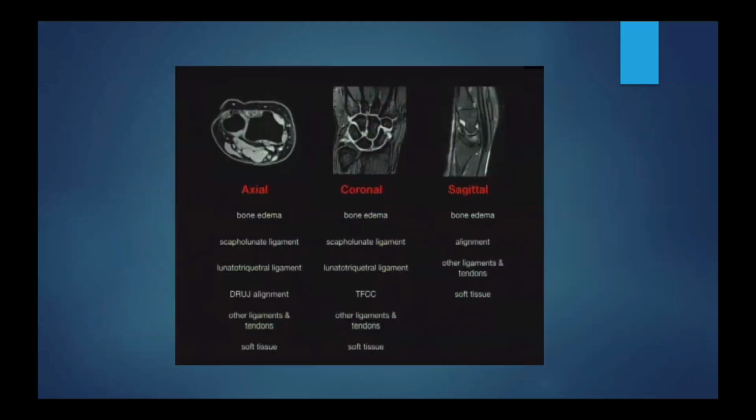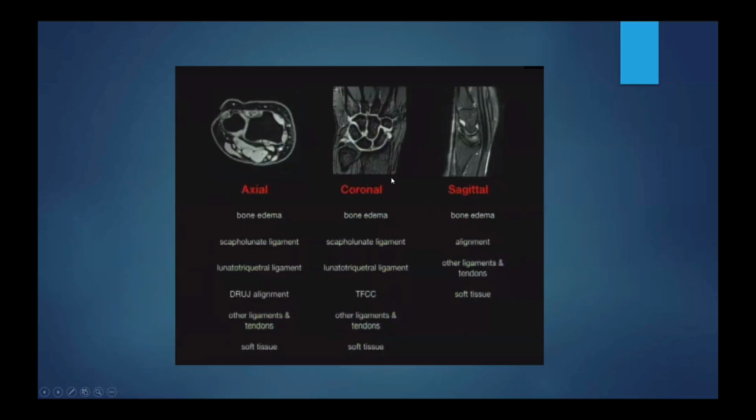This slide demonstrates the value of each sequence. In the axial plane, we look for bone edema, scapholunate ligament, ulnotriquetral ligament, distal radio-ulnar joint alignment, soft tissue, ligaments and tendons. Also the carpal tunnel.